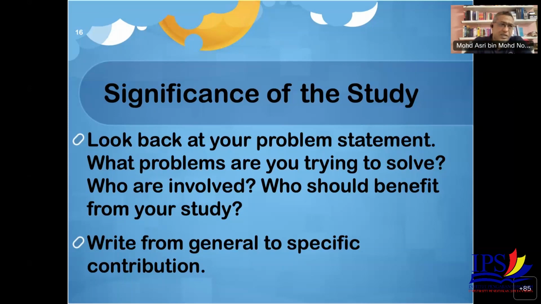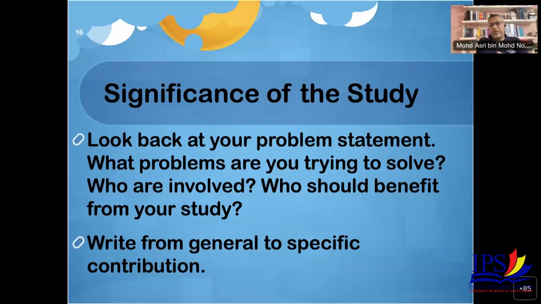For example, usually what we will do is we will start with general. For example, to the government, if that is what your study will do. To the ministry, to the state education department, to the district education office, for example, to schools, to teachers.